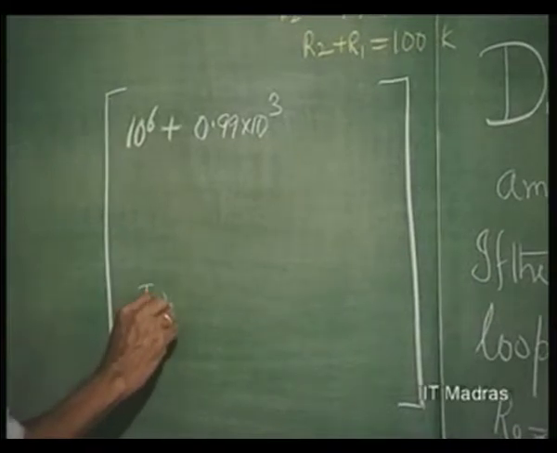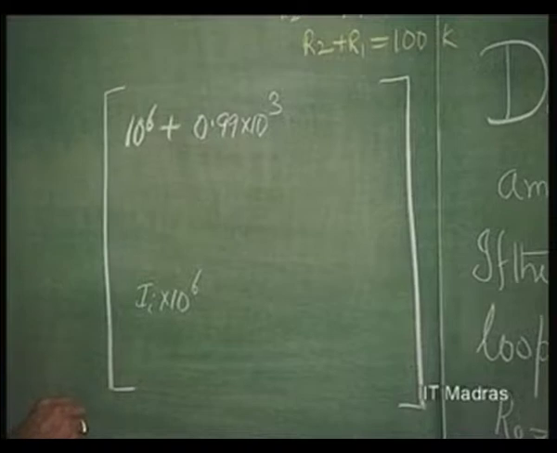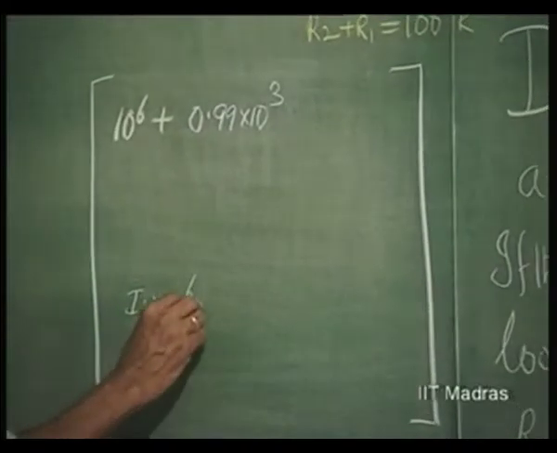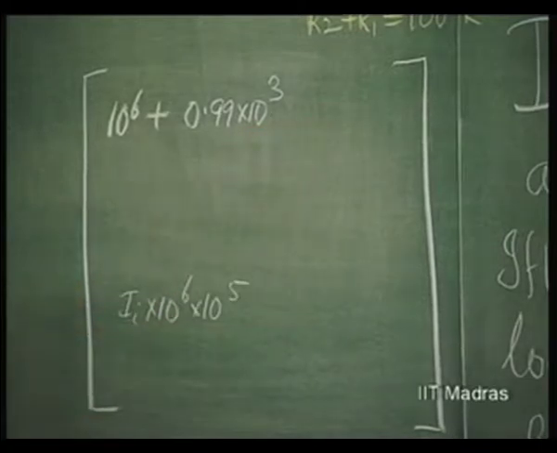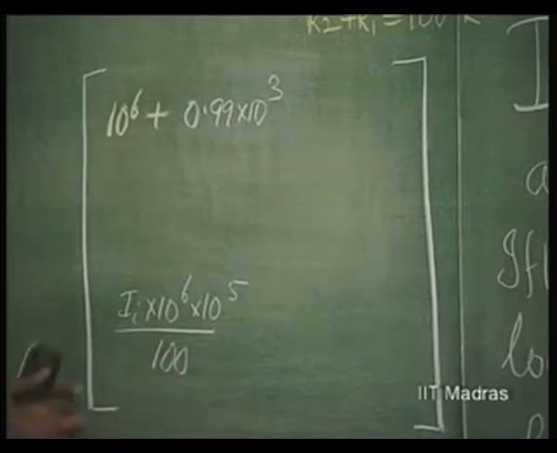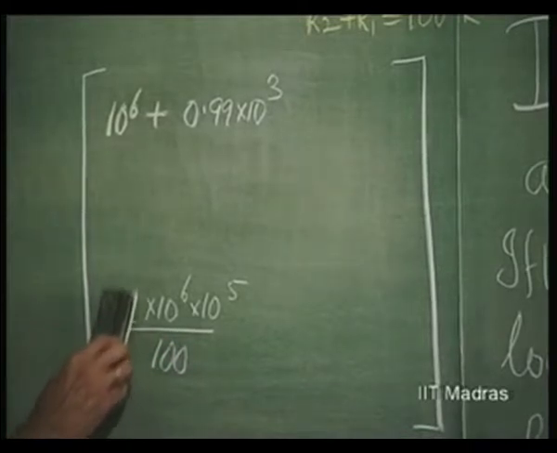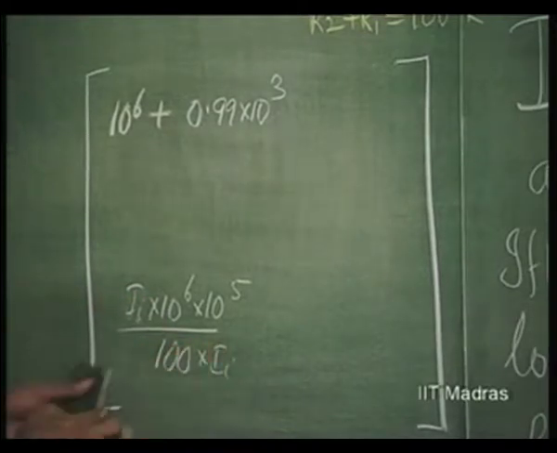I into 10 to the power 6 is the input voltage V. That into 10 to the power 5 is the voltage appearing there. That divided by 100 ohms is the output current. This I divided by input current is the current gain.